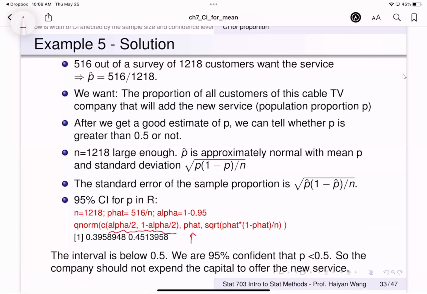Therefore, we are basically 95% confident that the proportion of customers that want to add the service is less than 0.5. If that's the case, then the company should not expand the capital to offer the new service. So we use this confidence interval compared to the targeted value 0.5, to see whether this targeted value is inside the interval or not to make the judgment.